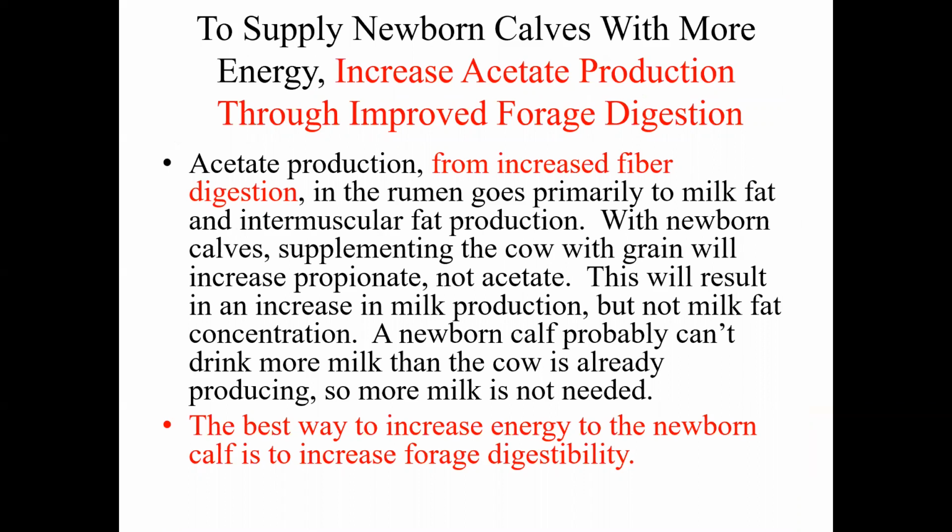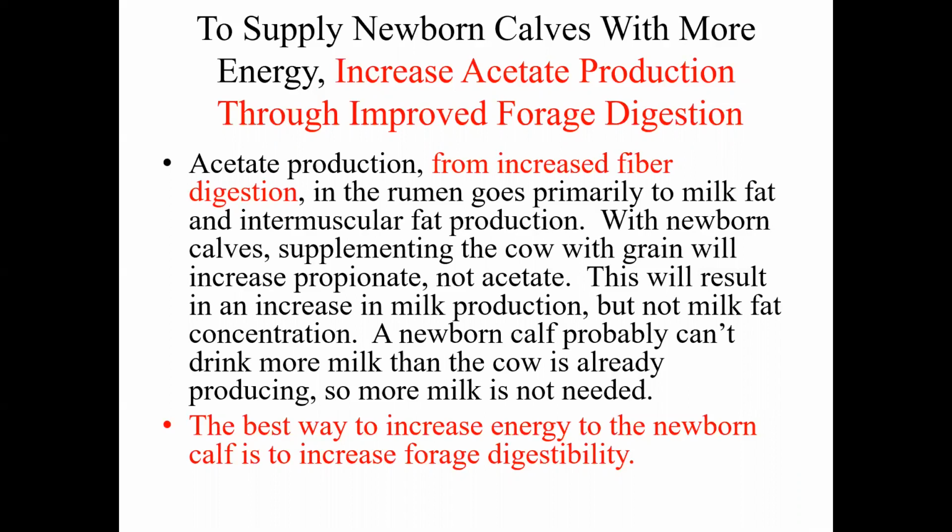To supply newborn calves with more energy, we need to increase acetate production through improved forage digestion. Acetate from increased fiber in the rumen goes primarily to two places. It goes to milk fat and it goes to intermuscular or seam fat. With newborn calves that cannot drink a lot of milk, we don't want more milk production.